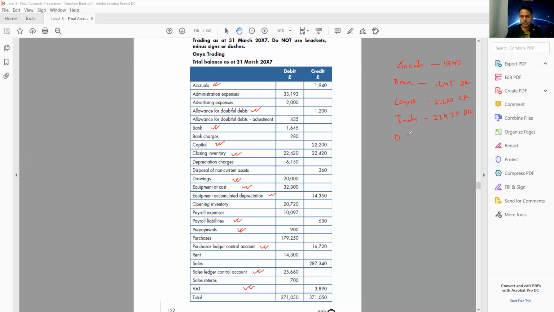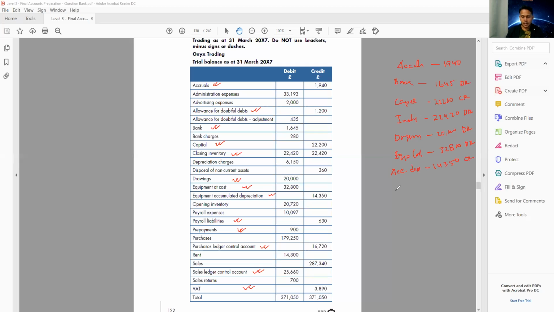Drawings 20,000, debit. Equipment cost, that is 32,800, debit. Accumulated depreciation, that is 14,350, that is also credit.